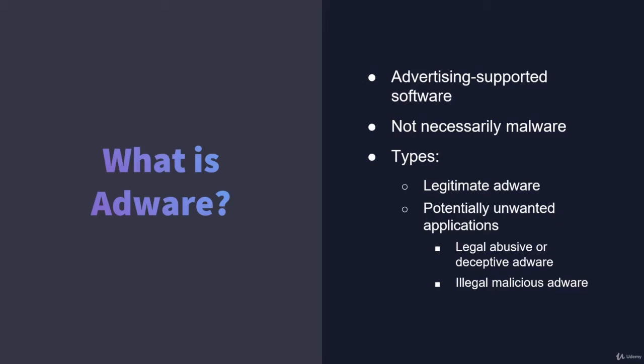Another type of abusive but legal adware is adware that produces excessive ads. An example of such adware can be a browser toolbar that bombards you with ads. Finally, we have illegal malicious adware, in which the adware intentionally distributes malware or links to malicious websites. This type of adware is often accompanied by spyware.